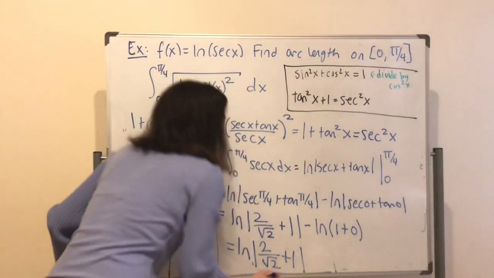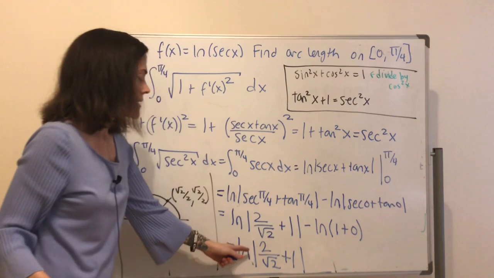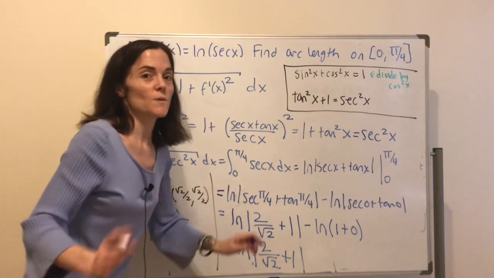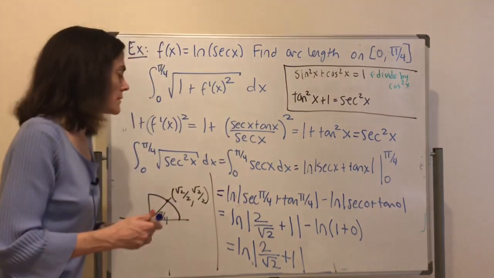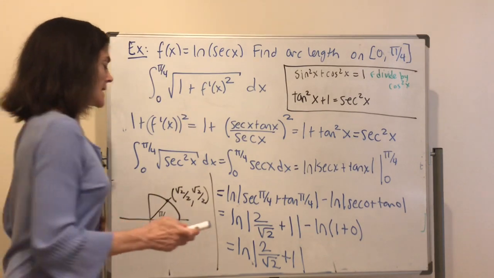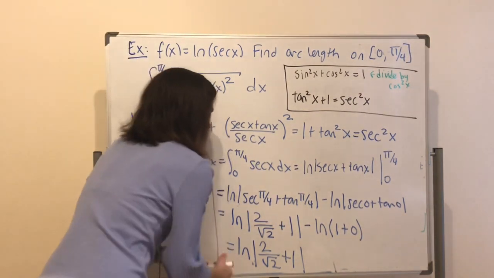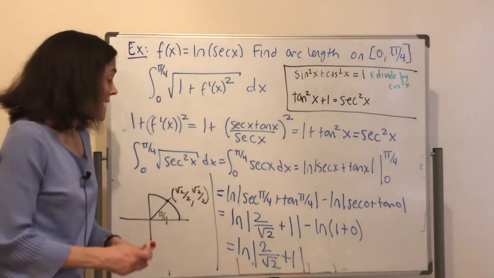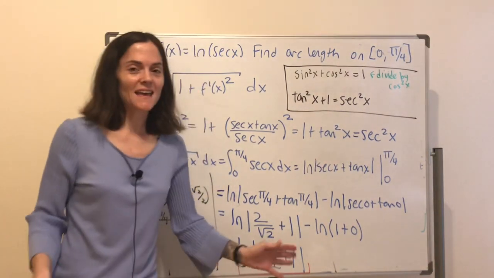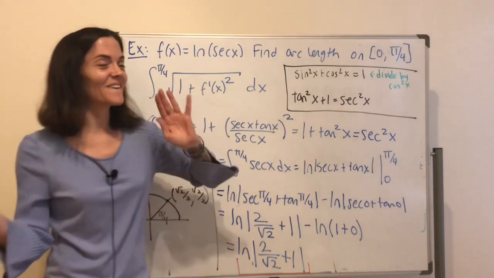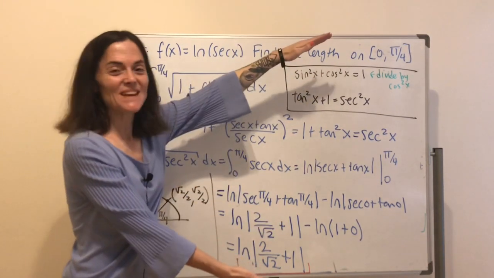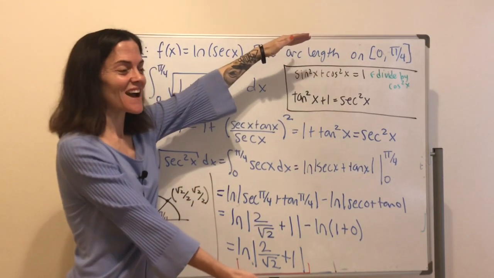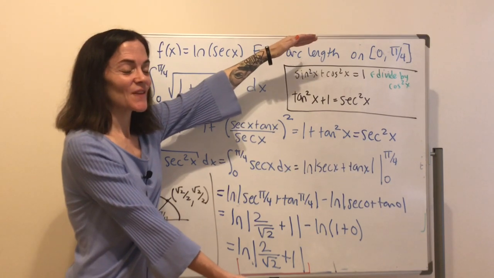And you could simplify, as I started to say, 2 over square root of 2 is just the square root of 2. But in any case, this is a fine answer here. So this is the arc length for this problem. Now, I would say, let's see, where will I put it? Go here. And you can see a few more examples of distance traveled and arc length.